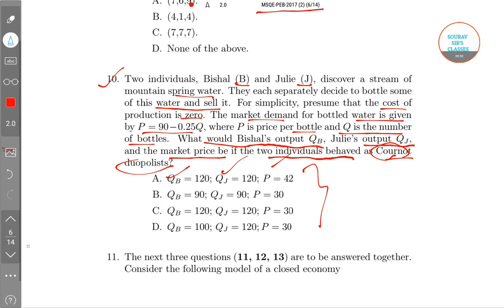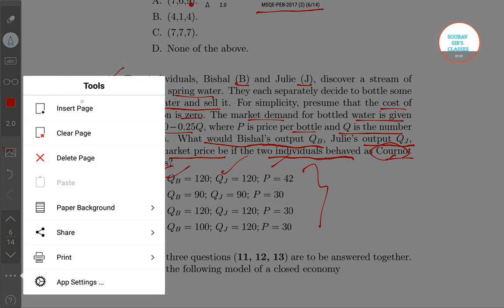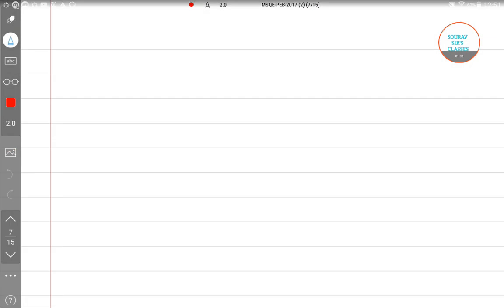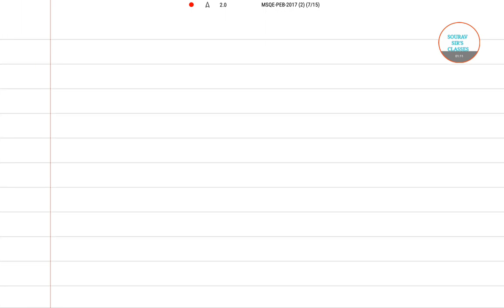First, we will write down the things which are given.